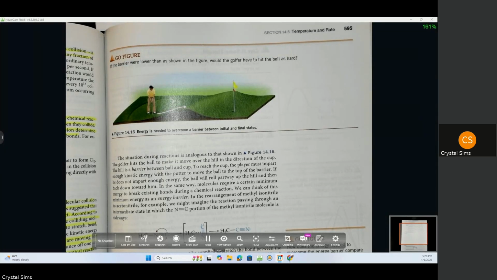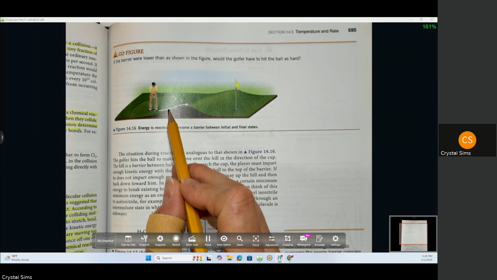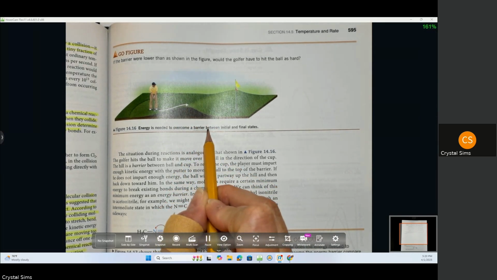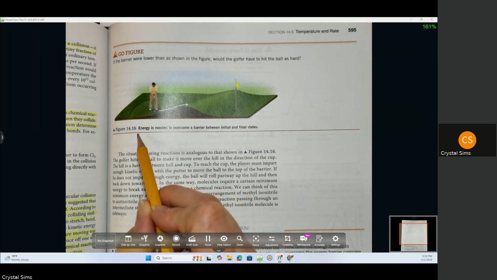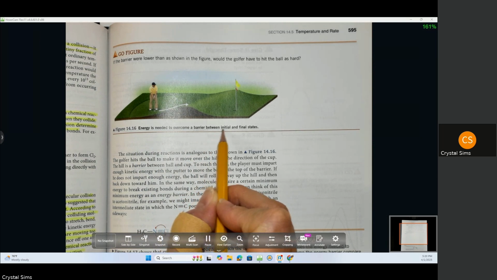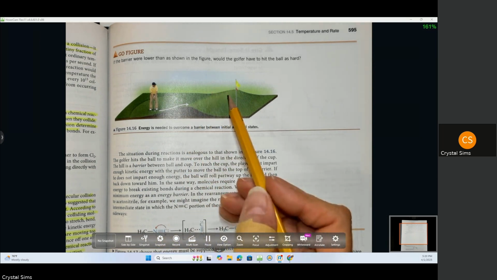I accidentally keep pausing my recording, sorry. The ball has to get over that little hill. And so that's like a barrier. And the activation energy is the barrier between our initial and final state. So it's like this hill.